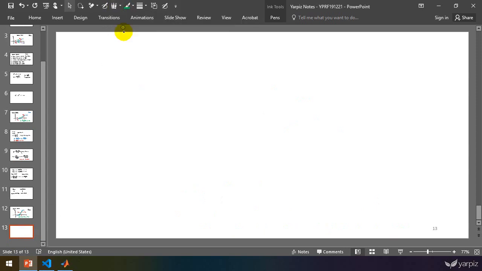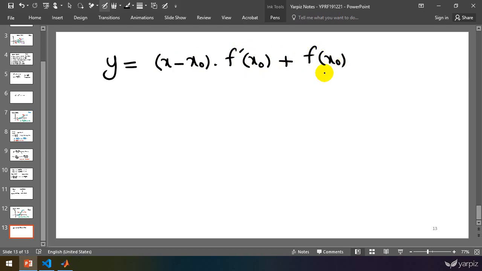Let's see what the root of this equation is. We have the tangent line described by y equals (x minus x0) times f'(x0) plus f(x0). Let's find where this line crosses 0.